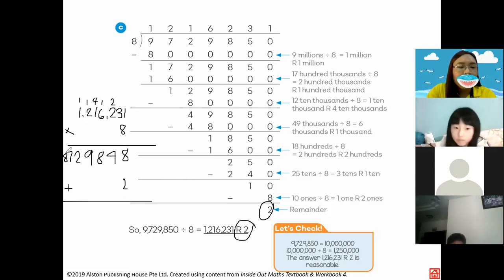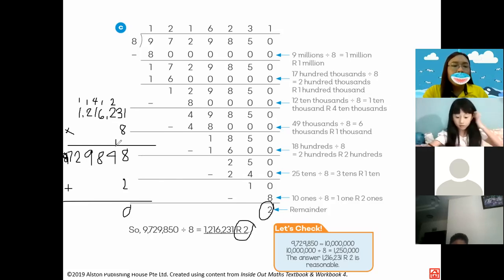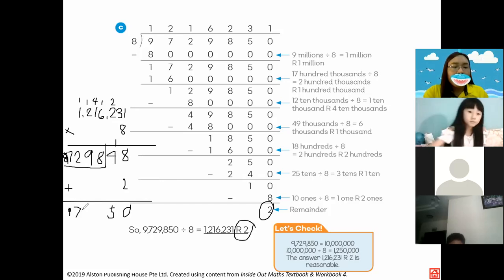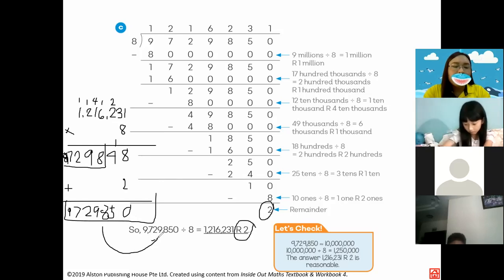So 8 plus 2, that's 10. Carry 1. 4 plus 1, that's 5. And then just bring down the remaining numbers here, which is 9, 7, 2, 9, and 8. So that means our answer is correct.